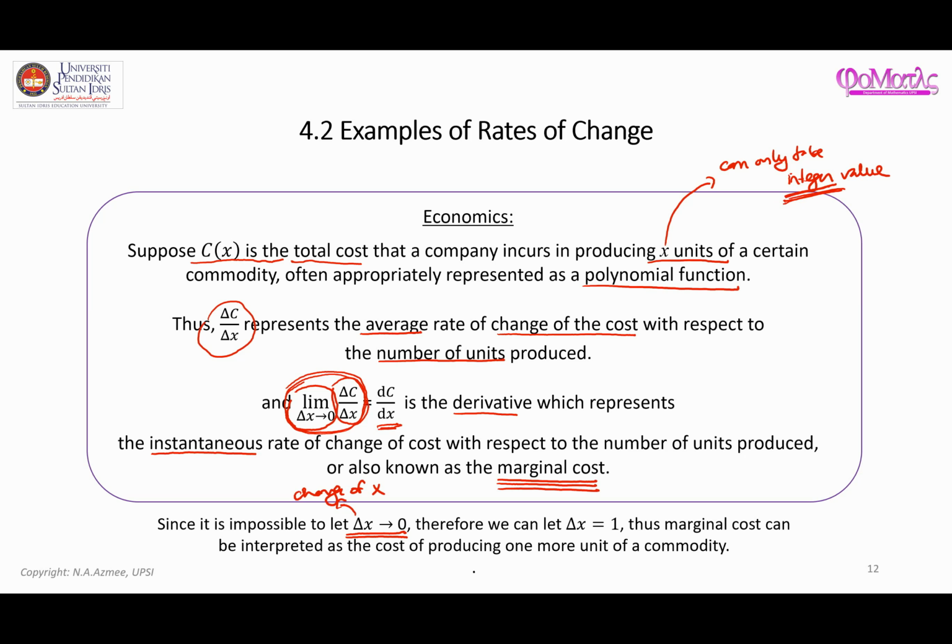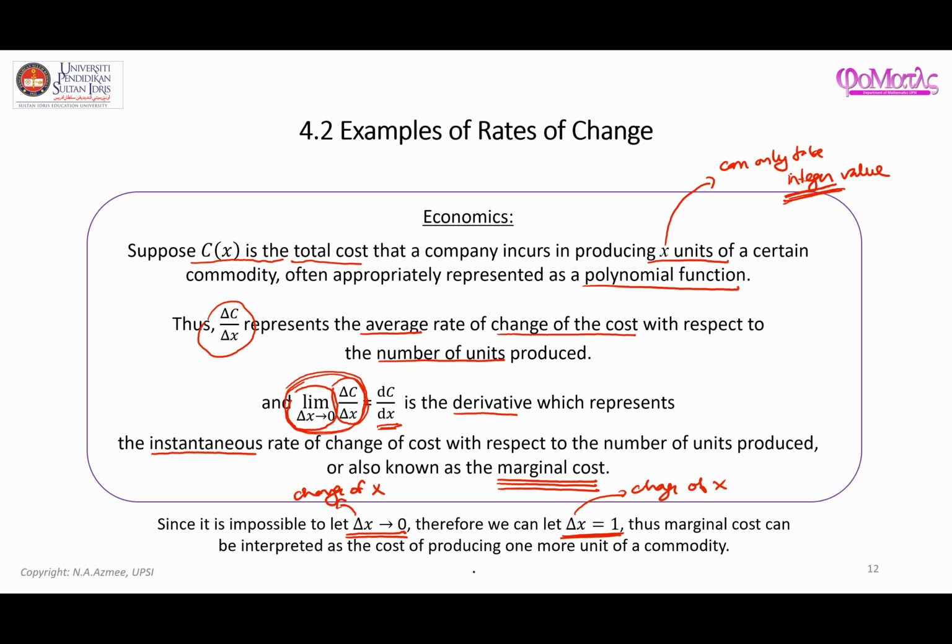So therefore, the lowest Δx that it can be is Δx equals 1, because Δx represents the change of x, and you want it to be a very small change, a small increment. So the smallest interval of x will be Δx equals 1.